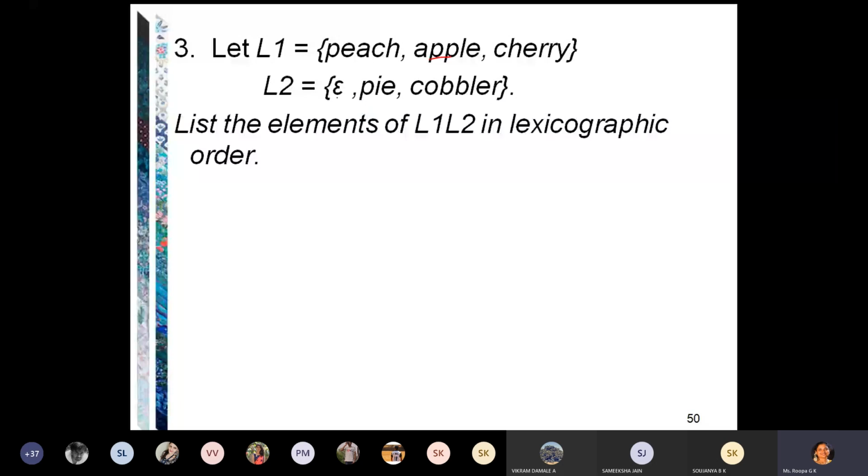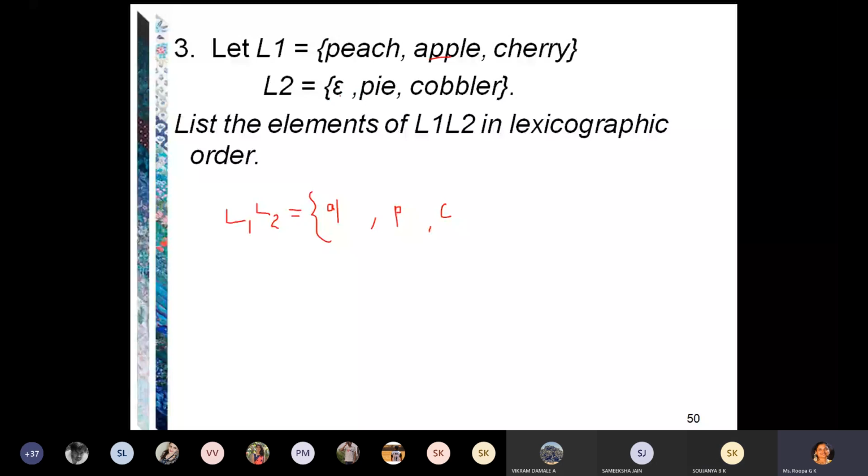So write L1, L2 is equal to apple, comma, then you have to write peach, 5 letters, then peach, followed by cherry, because cherry is concatenated with this epsilon.